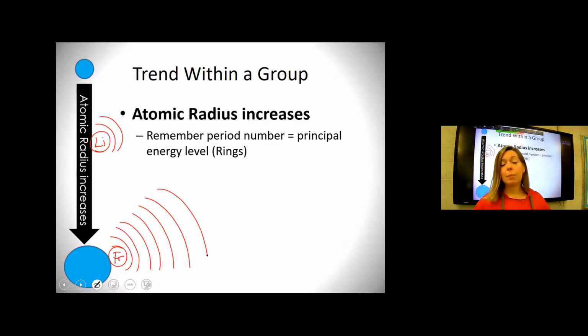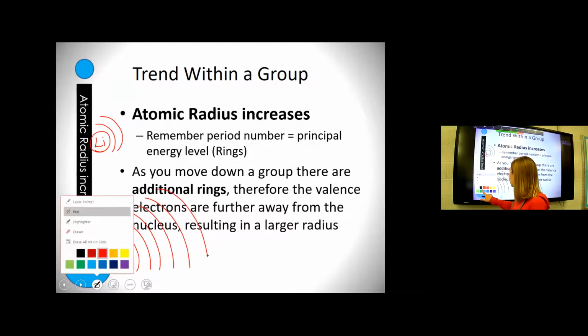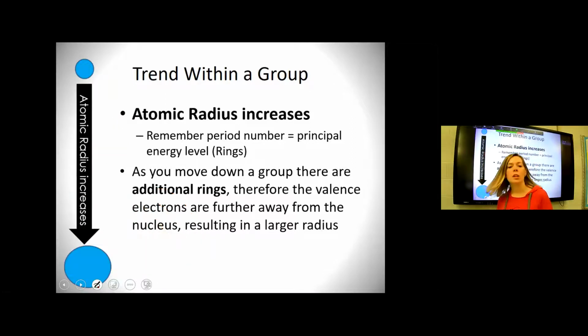So francium has to be a bigger atom since there are more electron shells. As you move down the group, each time you go down, there is 1 additional electron shell. Therefore, the valence electrons are further from the nucleus, which will result in a larger radius.